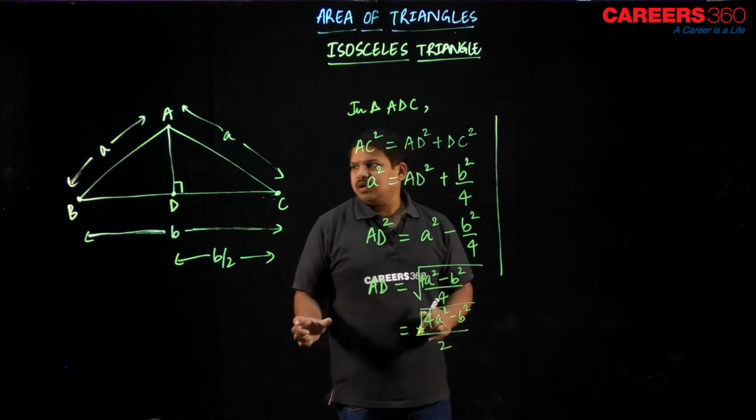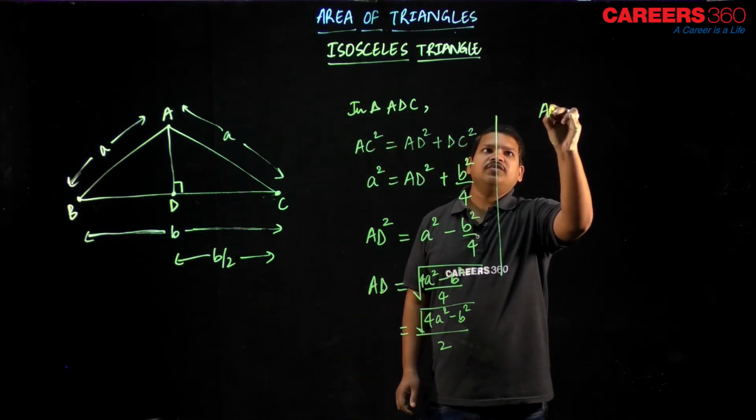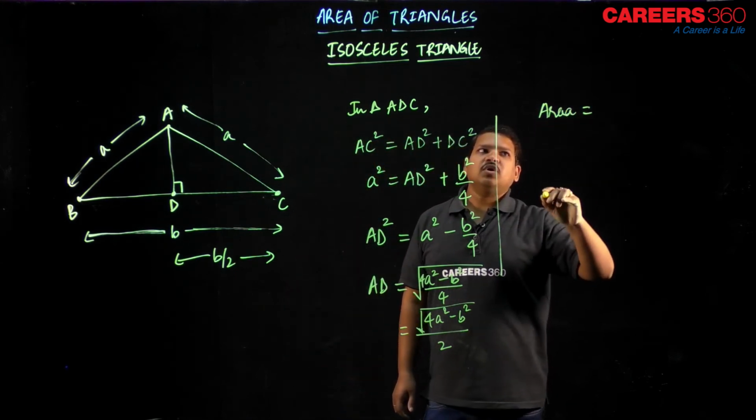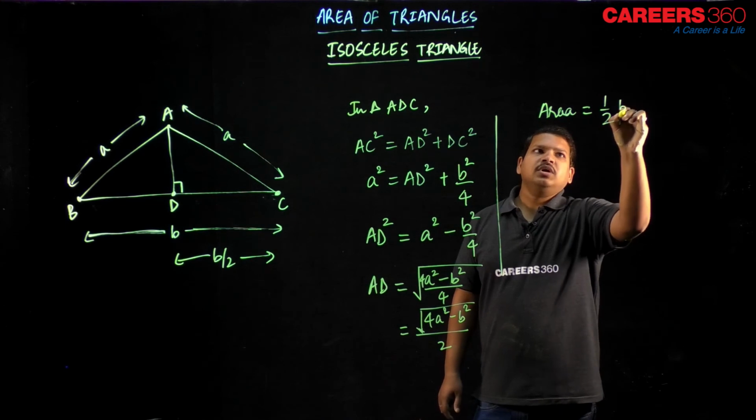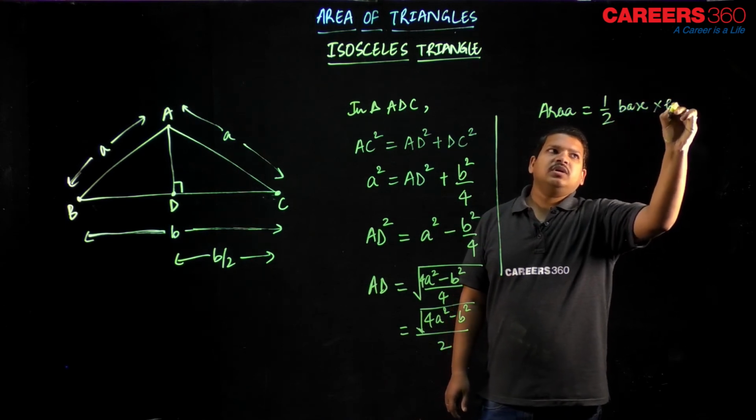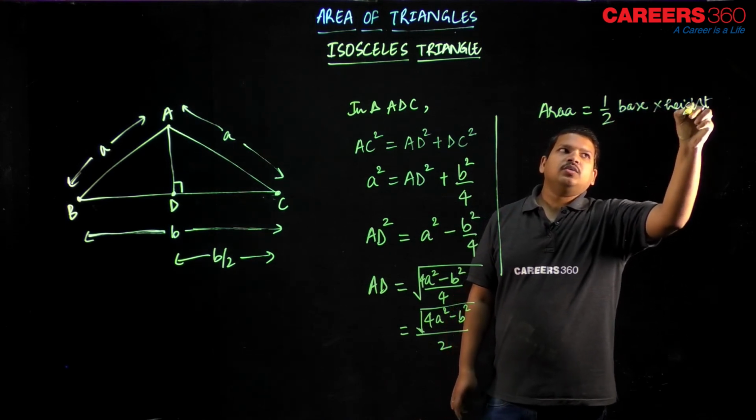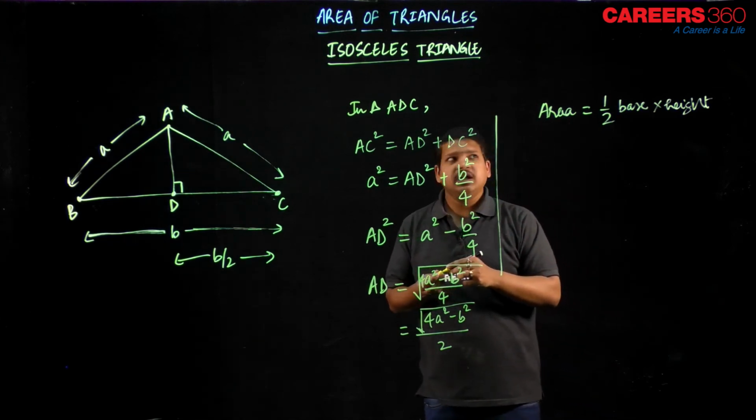Now my formula for area is half into base into height only, right? Half into base into height.